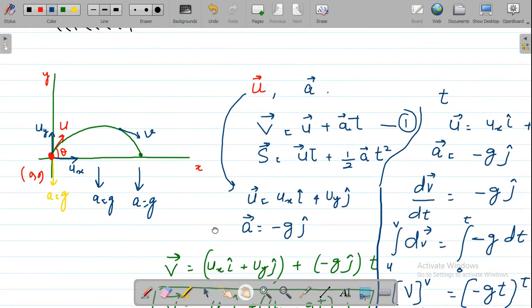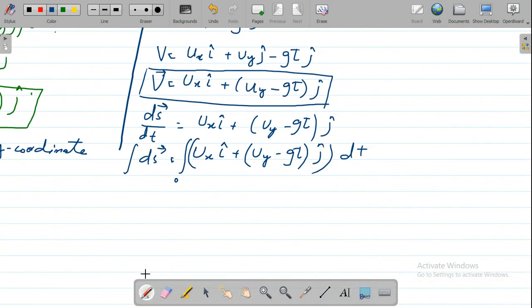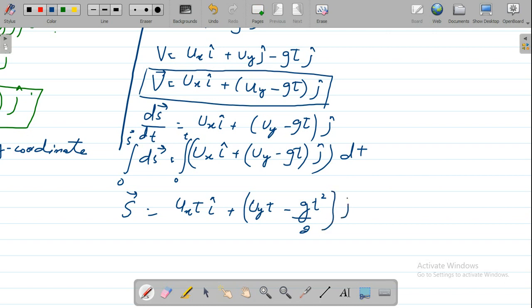I have taken this as origin, and the final position is s. So s is equal to ux, its initial velocity, that's constant, so the integration will be uxt i cap plus uy, also constant, its initial velocity, so it will be uyt minus g, also constant, times t square by 2, j cap between limits 0 to t.